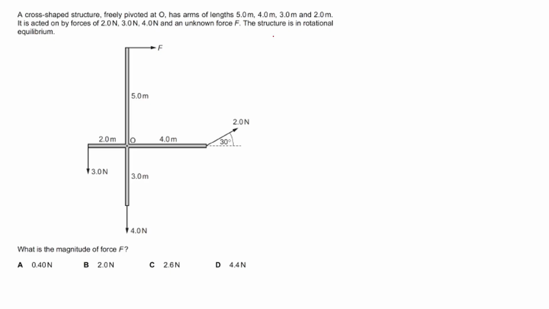So when the structure is in rotational equilibrium, that just means that the sum of the clockwise moments is equal to the sum of the anti-clockwise moments. So we just have to calculate these moments. And we have to go one by one because we can see that there are 4 different forces, but they go in different directions. And we have to figure out whether they're clockwise moments or anti-clockwise moments.